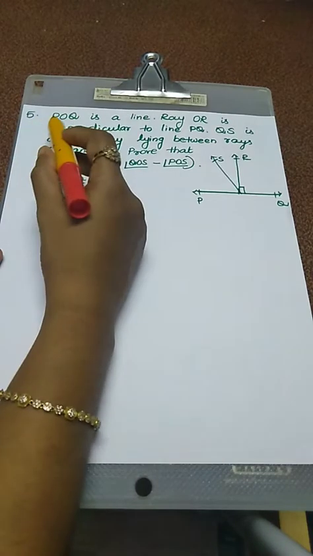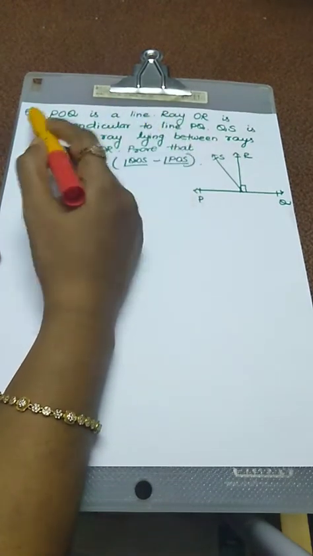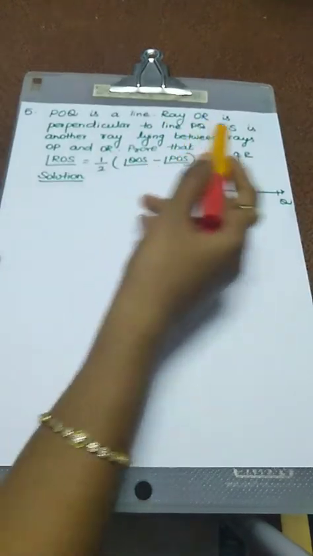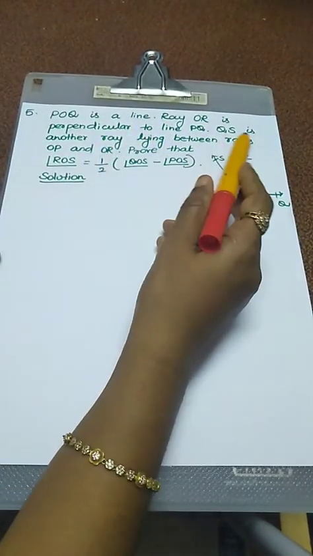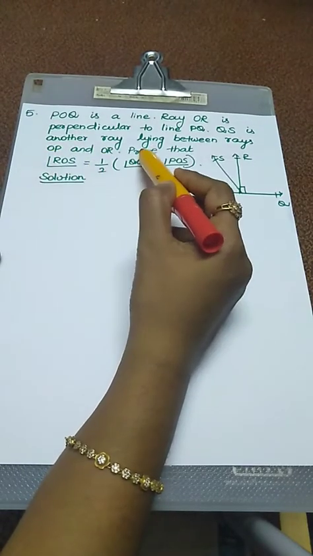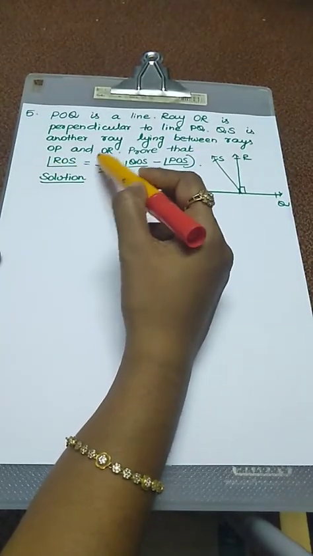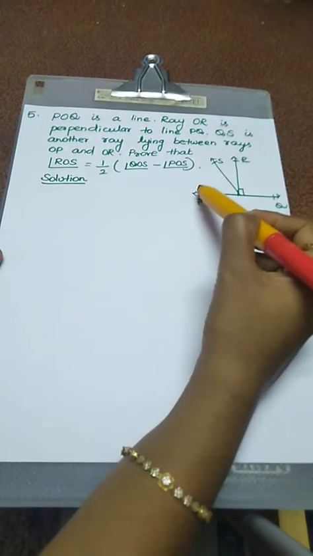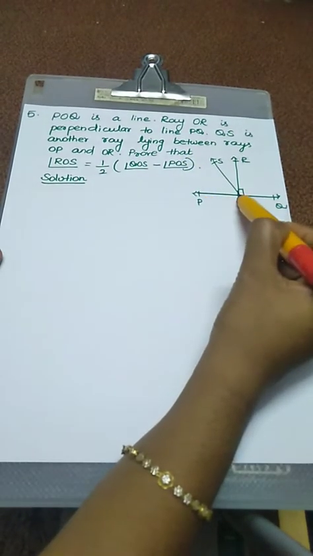Next problem. POQ is a line. Ray OR is perpendicular to line PQ. OS is another ray lying between rays OP and OR. Prove that angle ROS is equal to half of angle QOS minus angle POS. What is given? POQ is a line.